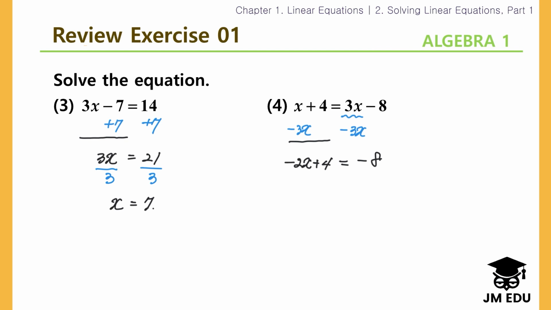Now let's remove 4 on the left hand side by subtracting 4 in each side. So negative 2x plus 4 minus 4, that's negative 2x, is equal to negative 8 minus 4, that's negative 12. Now finally we divide by negative 2 each side. So x is equal to negative 12 divided by negative 2, that's positive 6.